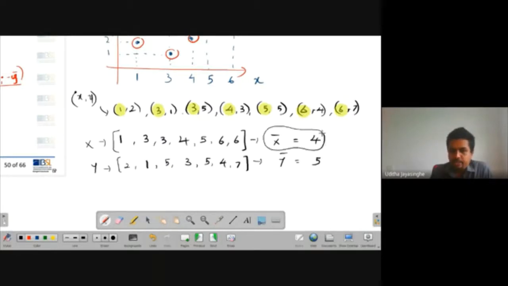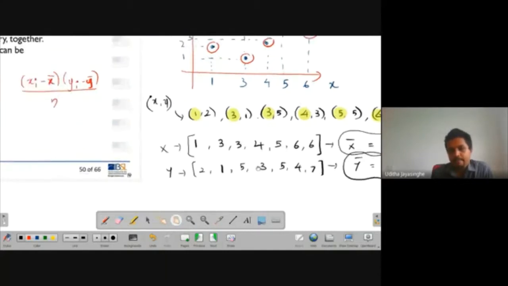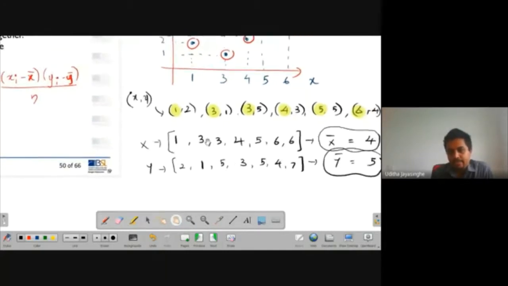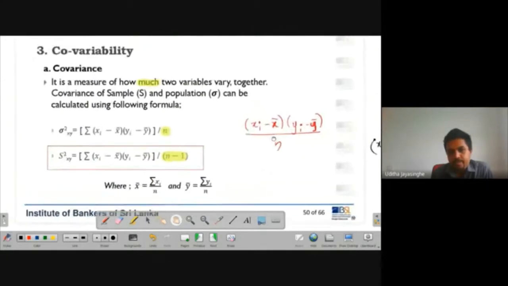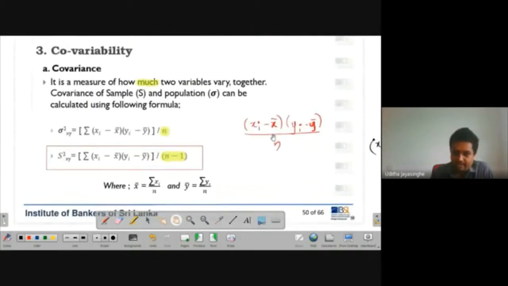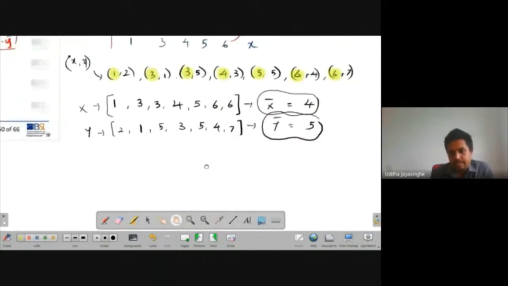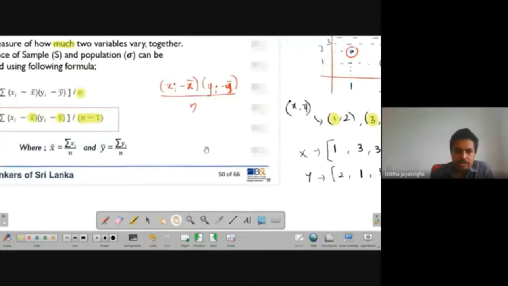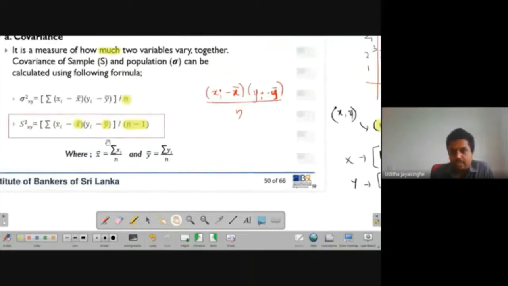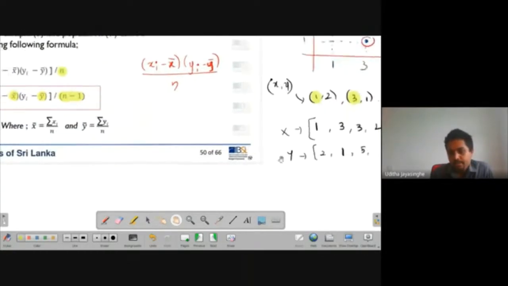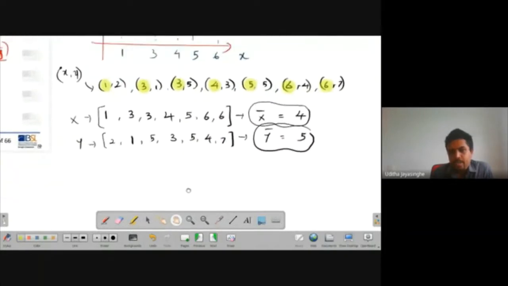Now these are the values that I have taken in the equation, x bar and y bar, for our equation on covariance. Let me show you how you take this x bar and y bar into the picture.